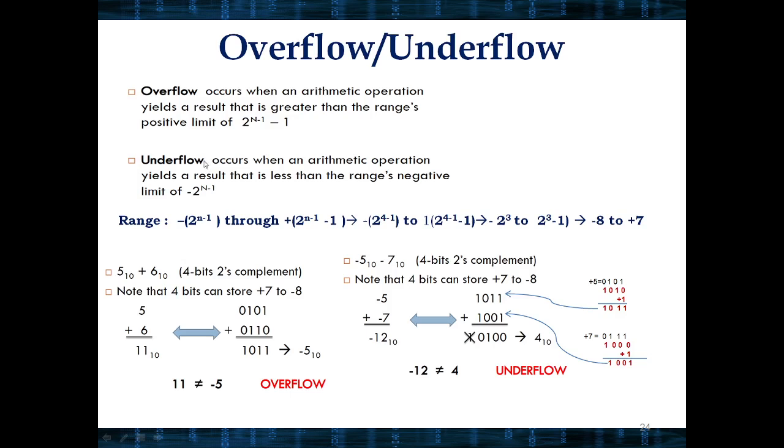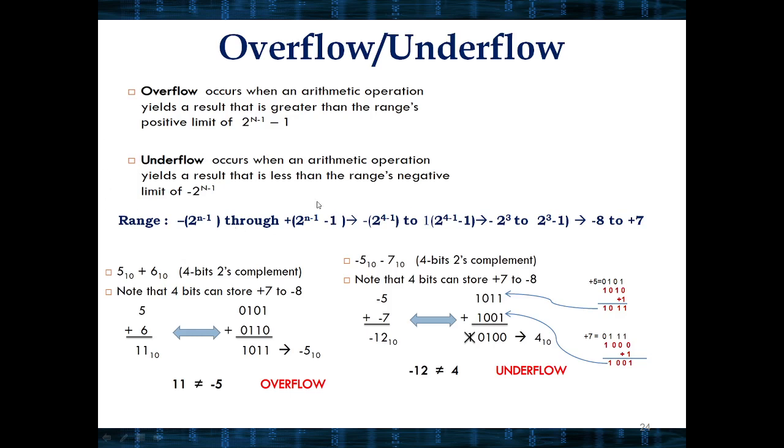Then what is underflow? Underflow occurs when an arithmetic operation yields a result that is less than the range's negative limit of minus 2 to the power n minus 1. Again we'll take a 4-bit number, 2 to the power 4 minus 1, that is 2 to the power 3, minus 2 to the power 3, that is minus 8. So if the number is very much less than this range, then it is an underflow.